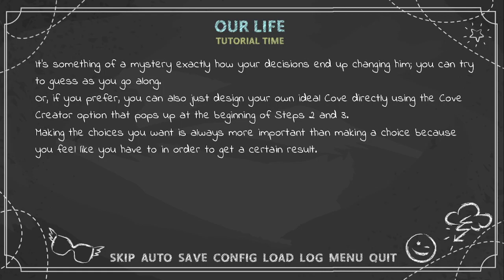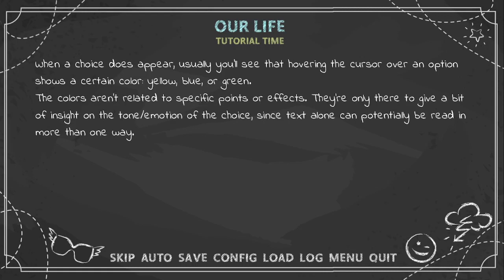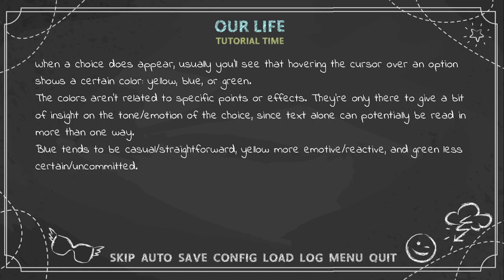Making the choices you want is always more important than making a choice because you feel like you have to in order to get a certain result. When a choice does appear, usually you will see that hovering the cursor over the option shows a certain color: yellow, blue, or green. The colors don't relate to specific points or effects. They're only there to give a bit of insight on the tone/emotion of the choice. This text alone can potentially be read in more than one way.